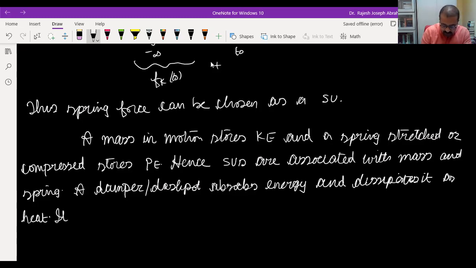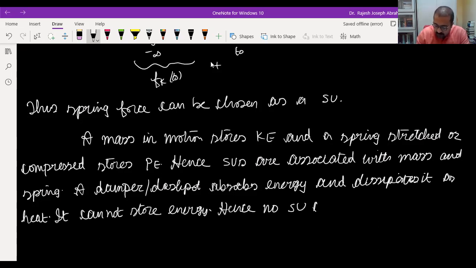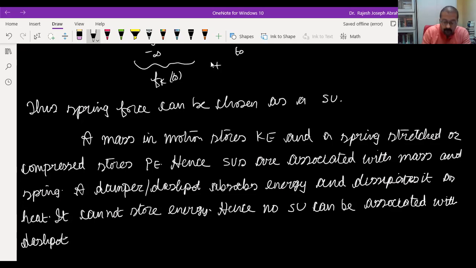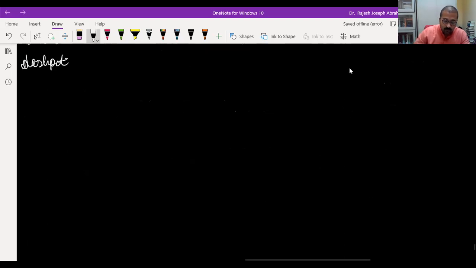It cannot store energy. Hence, no state variable can be associated with a dashpot. Okay, no state variable can be associated with a dashpot. So as a point, notes.